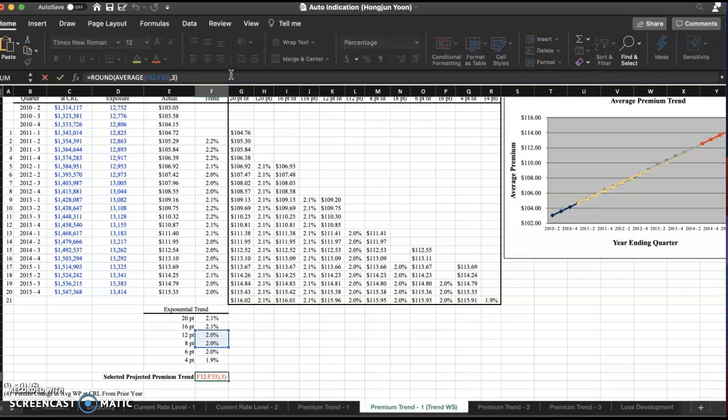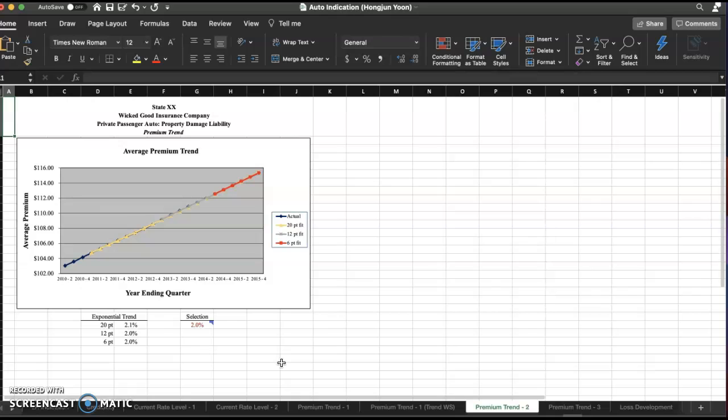I did the mean approach for the projected premium trend. The graph is generated as well. It shows how trend fits are linear to the actual fit and to each other.